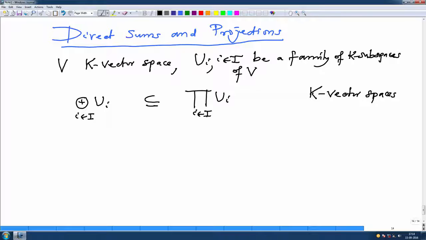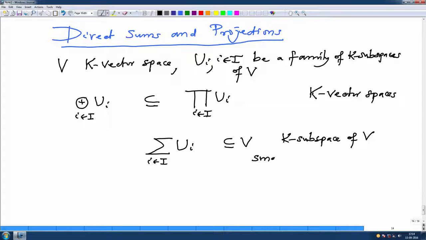So, as far as the vector space is concerned, I can consider a sum of the U_i's. This is a subspace of V, a k subspace of V. In fact, it is the smallest k subspace containing all the U_i's, and I would like to relate these two.